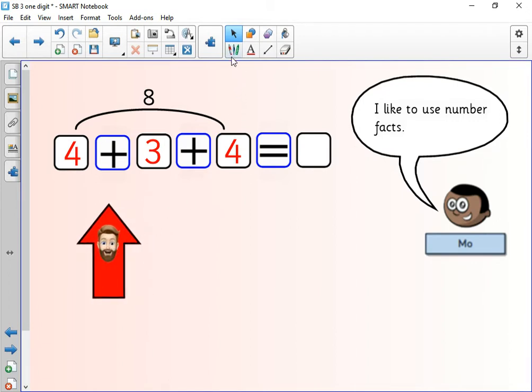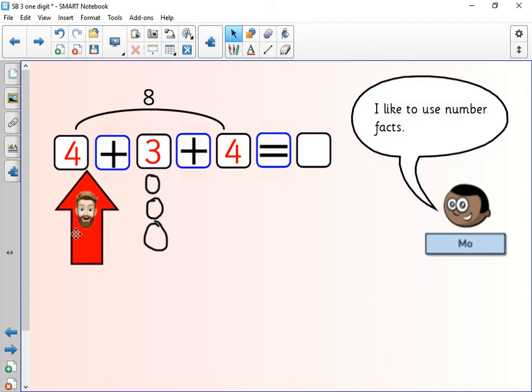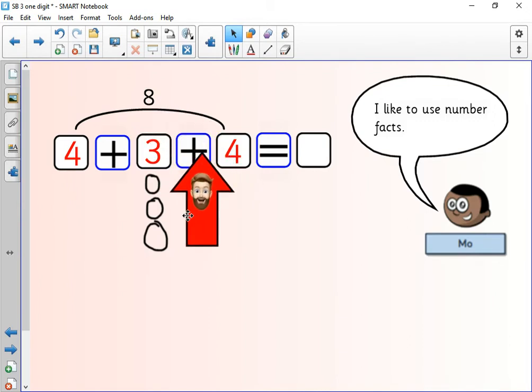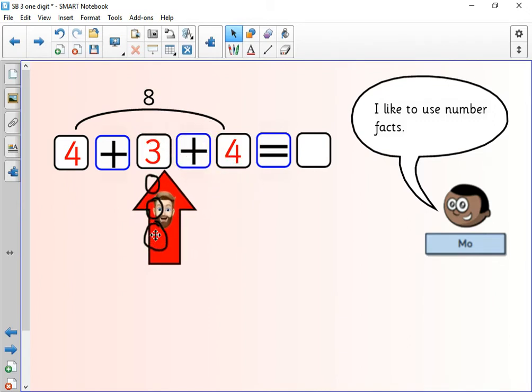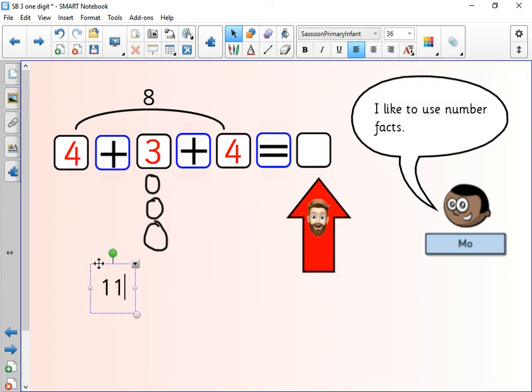Now he could also draw 3 counters here to help him count on, if you need to. So Mo's strategy, spot the number fact and then count on to find out the total. What was the total again? That's right, it was 11.